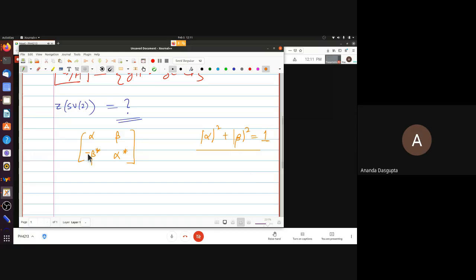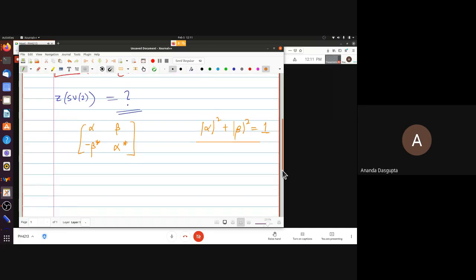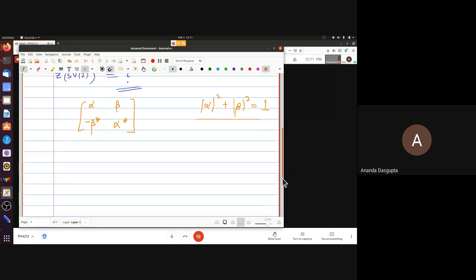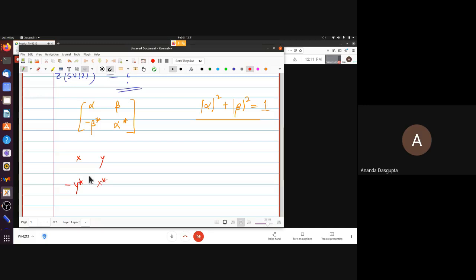But anyway, fine. So this is something which everybody understands, I hope. So this is an arbitrary element of SU2. So we are looking for those elements of SU2 which are in the center. So let's claim that this element x, y, x star, minus y star is in the center of SU2.